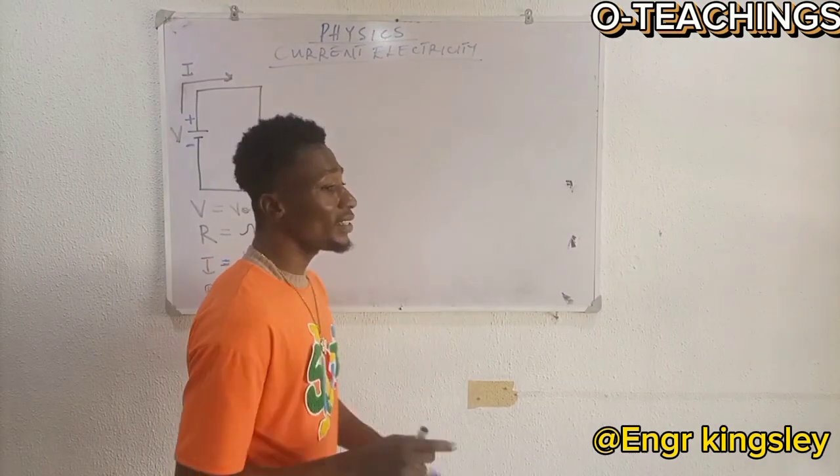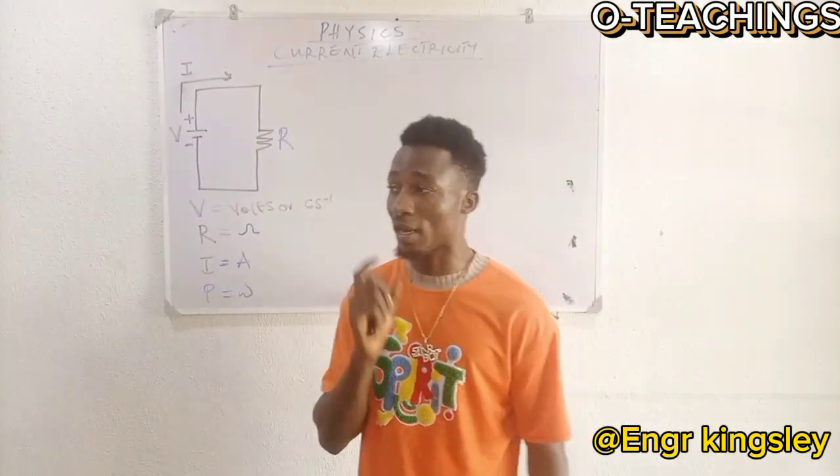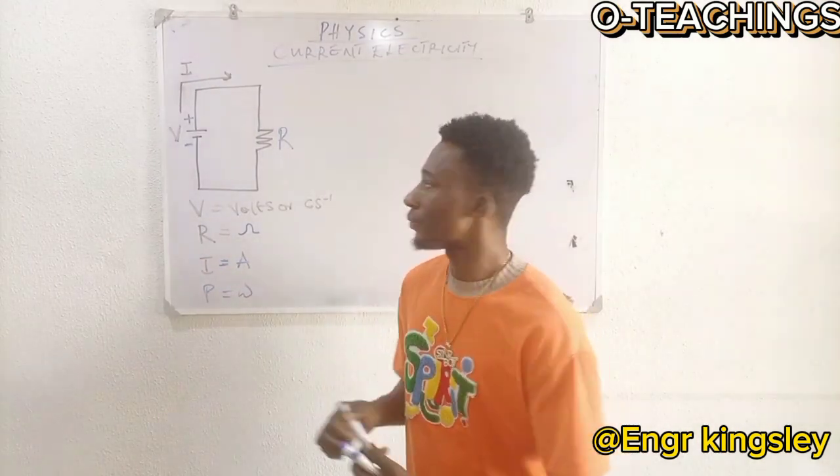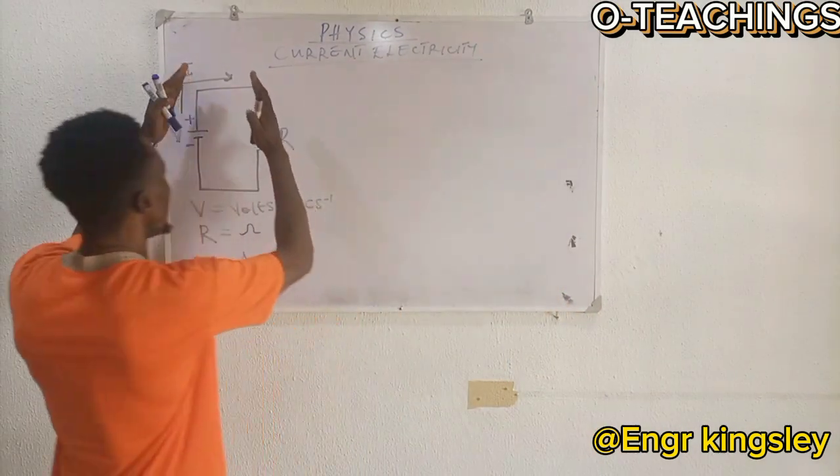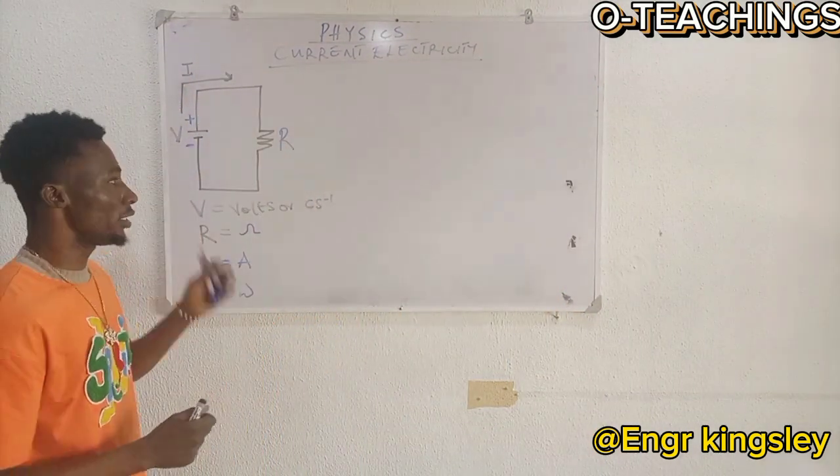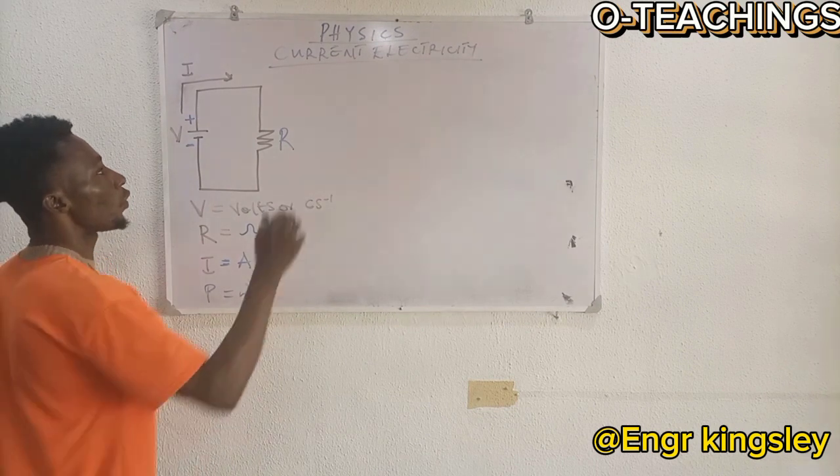The most important thing we are going to talk about today, so listen attentively and get your books down. If you have a conductor this way, there is what we call Ohm's law.